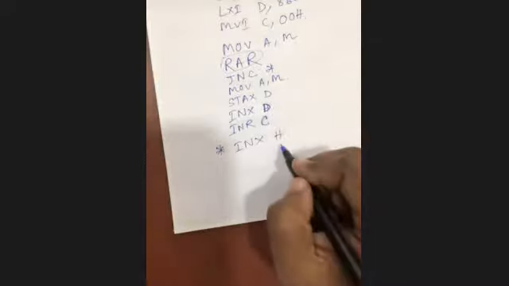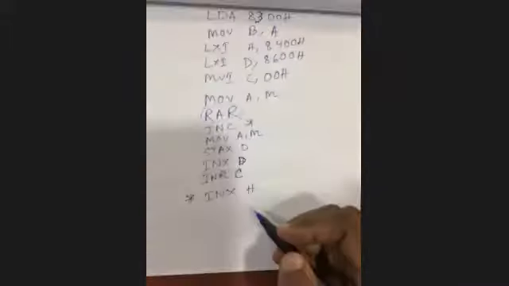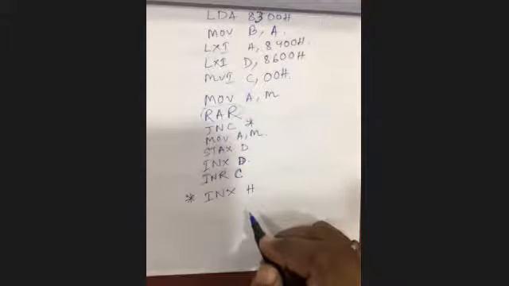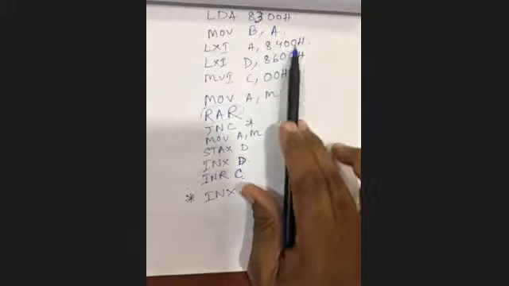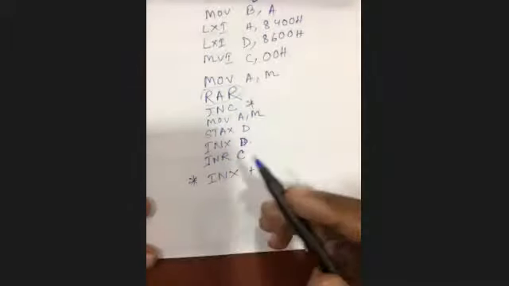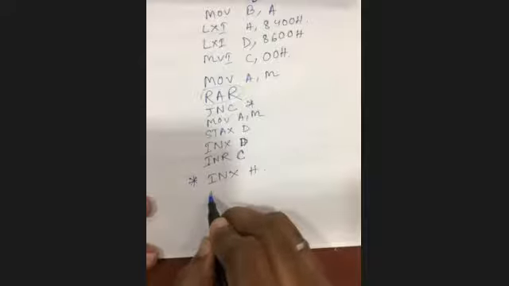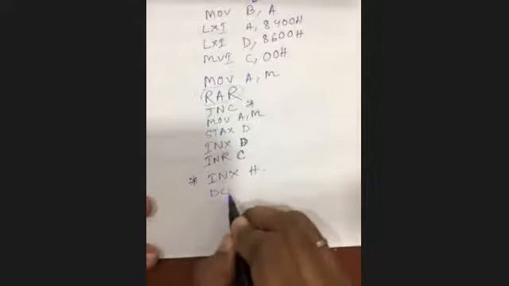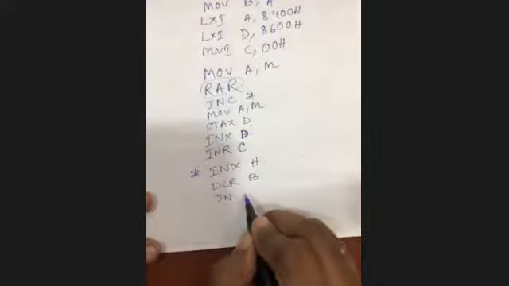What will be the content of HL? The content of HL will be 8400H? No, 8400 is already there. It will be 8401, so the next data will be found. Already one operation is done. That's why DCR B and JNZ.